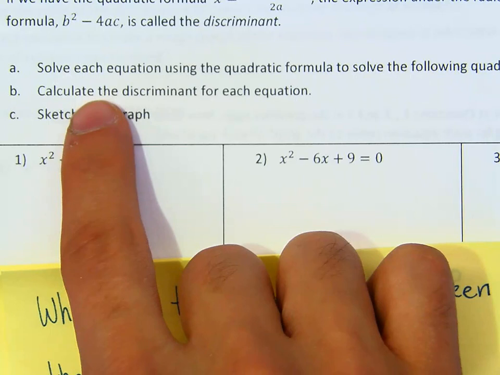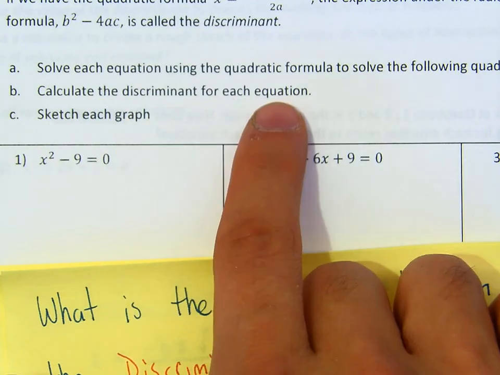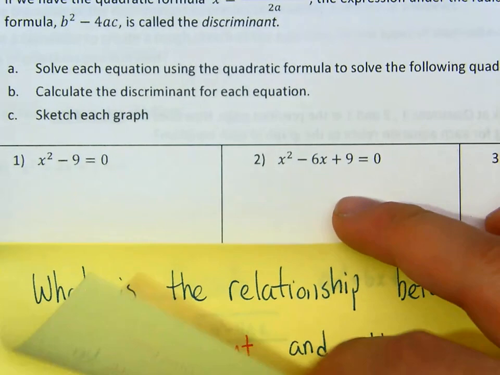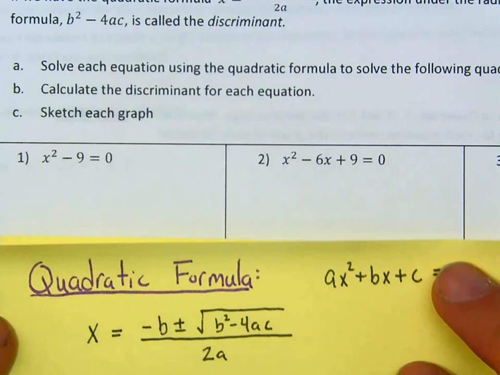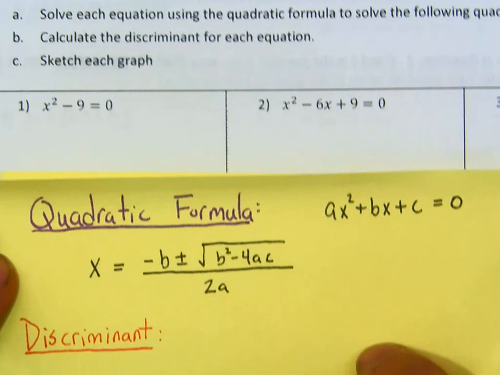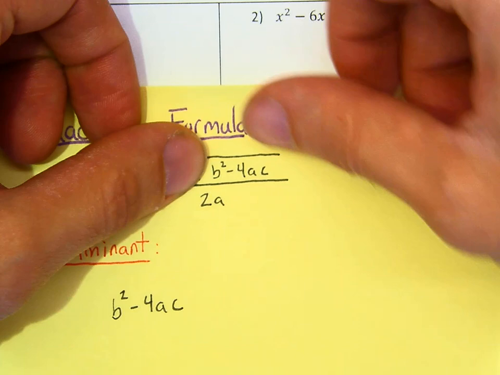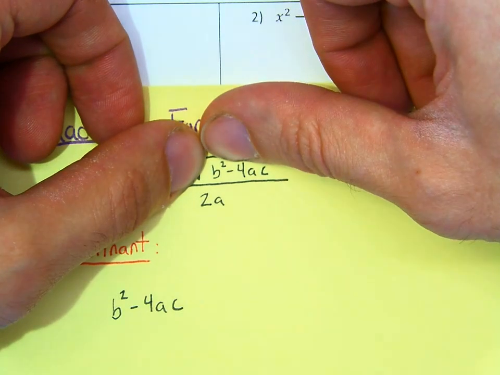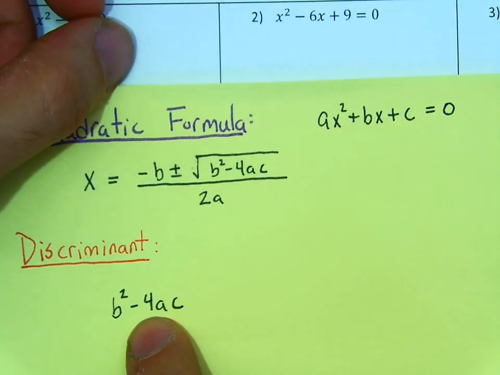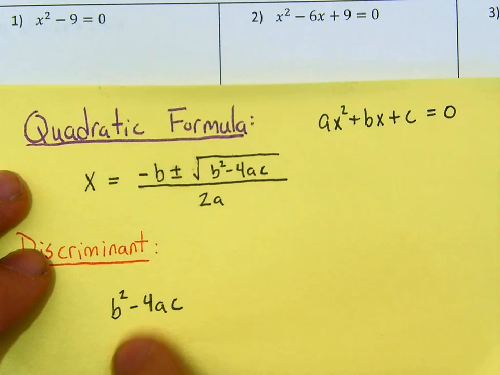And here it's saying calculate the discriminant for each equation. So what is each one? Remember, under the radical, b squared minus 4ac, this is the discriminant. And we have to calculate each part, okay?